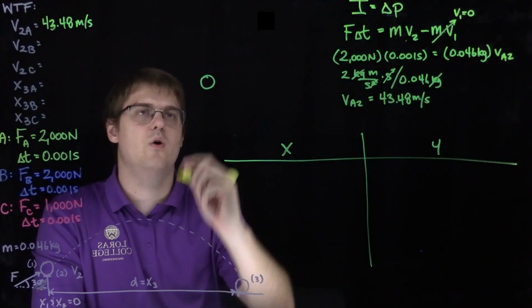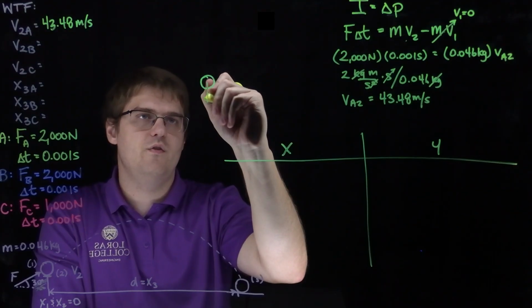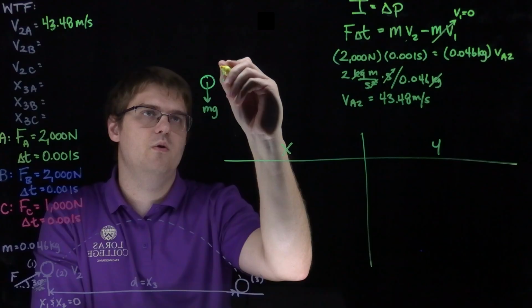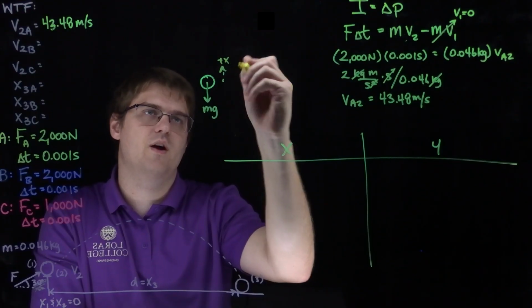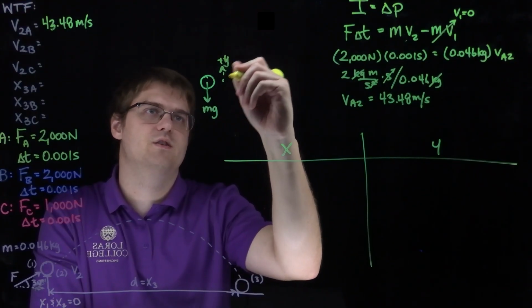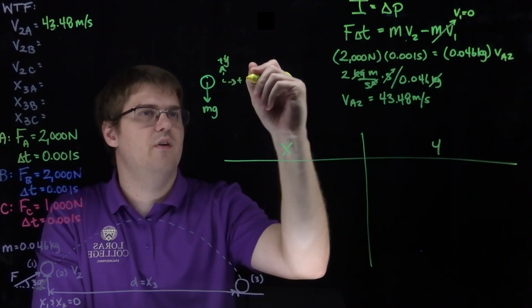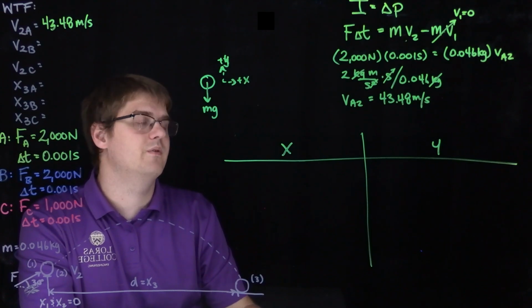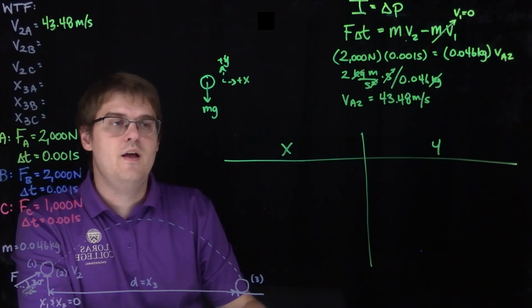So once this is no longer hitting, the only force on my ball is m times g. And I'm going to label positive y direction up, positive x direction left and right. I could really throw you guys for a loop, call x up instead.